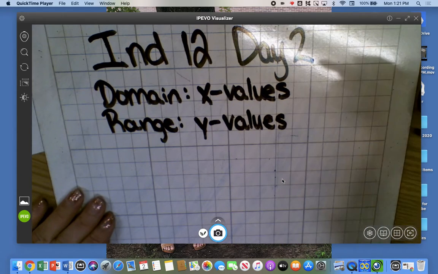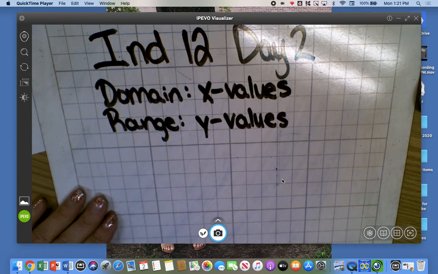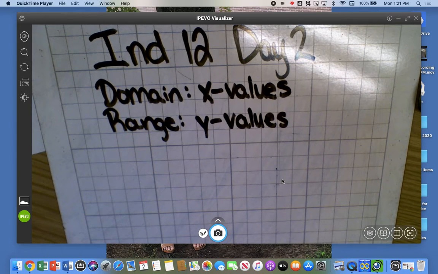Just remember, in graphs we write them as inequalities, and in ordered pairs or sets we write them as a list from least to greatest. We are going to do some new examples today. Your assignment will be kind of a mix between both.